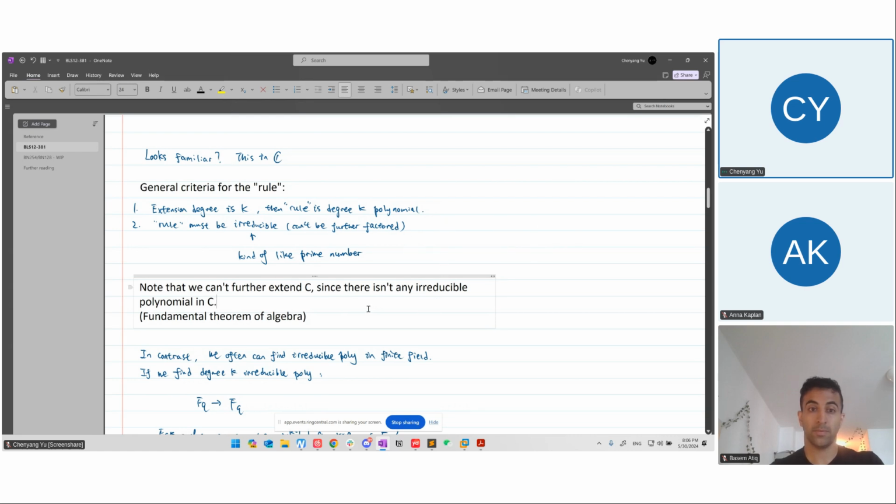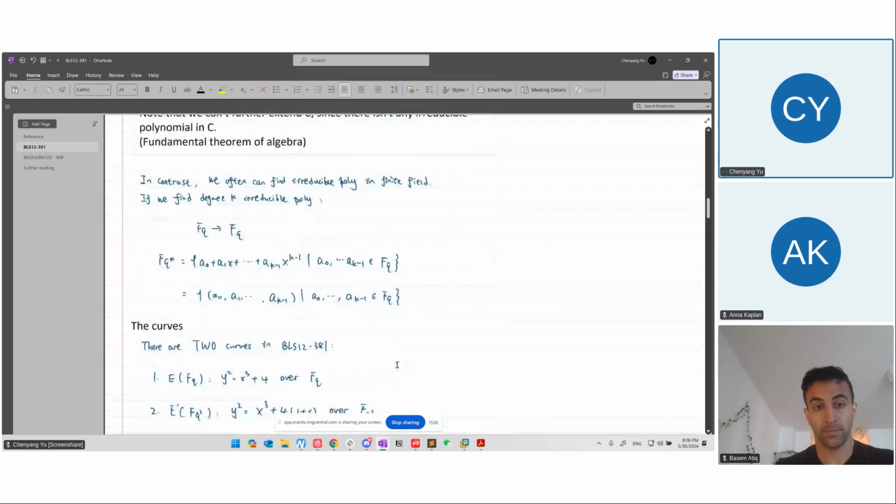All the things with that form will be reducible because of the fundamental theorem of algebra, okay? Like a variation of that theorem. So you can always factor things over C, so there's no way to extend it.